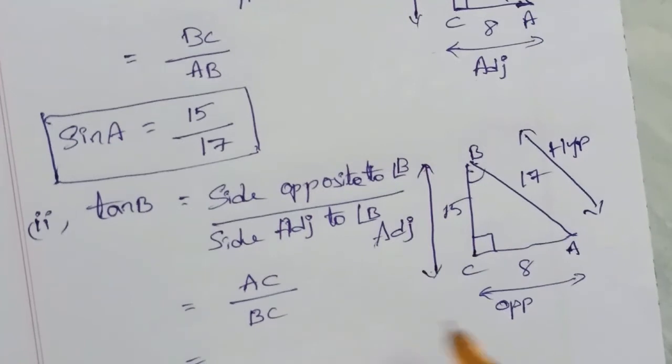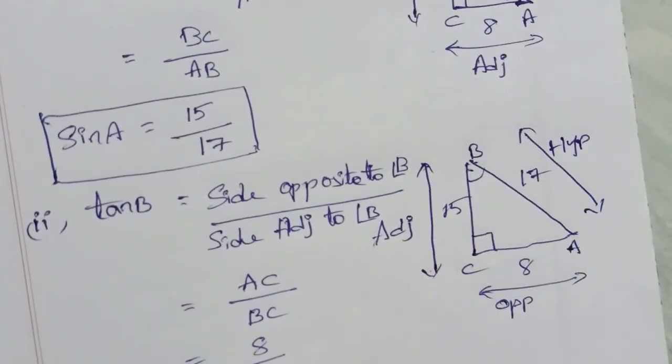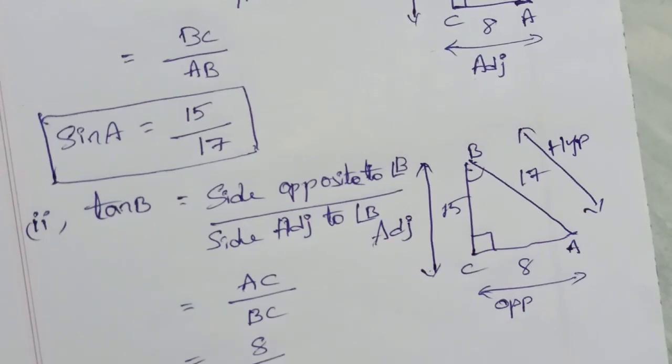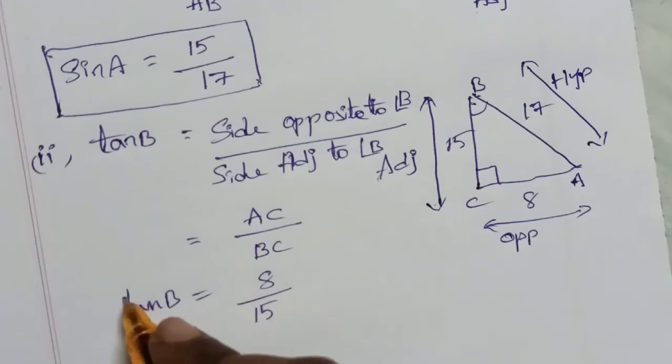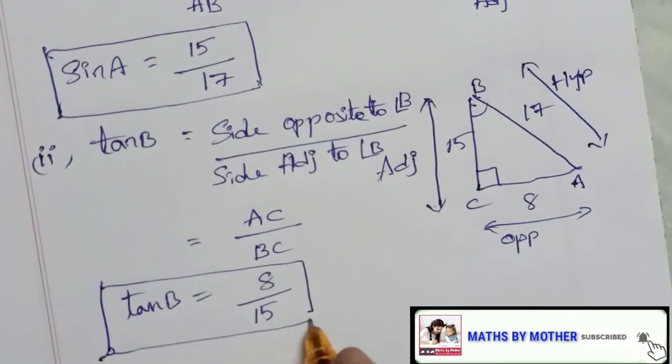That is equal to AC length is 8 centimeters and BC length is 15 centimeters. Therefore tan B is equal to 8 by 15.